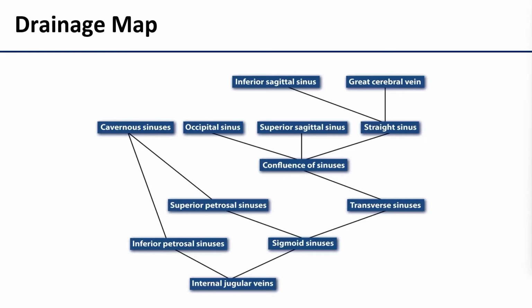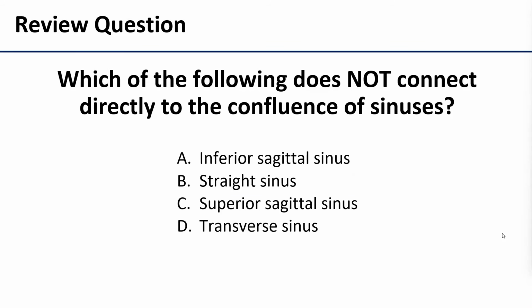And really all that's been done here is to remove the images and remove some of the complicated shapes and pathways and just connect everything here with straight lines so that you can follow paths of drainage all the way down to the internal jugular veins. So use this as an example of a good practice. And then it's going to bring us to the end of the material.